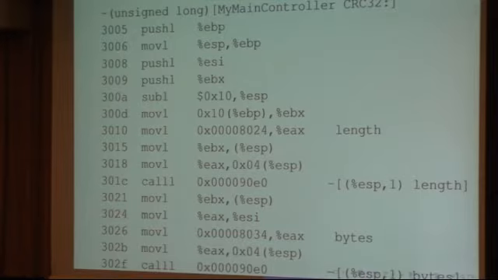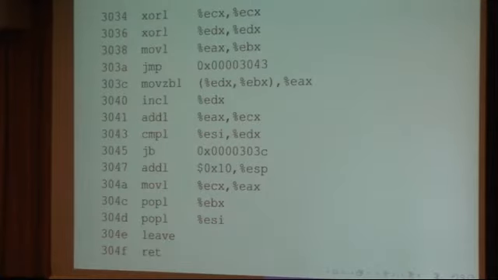So length is called on that object, and the return value you can see is put into ESI. And then bytes is called on that firmware image file, and that is put into EBX. And then ECX and EDX are cleared. So there's a very short little loop. You can see that EDX is used as a counter.